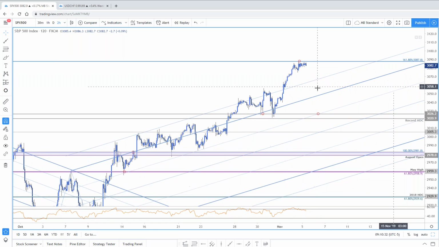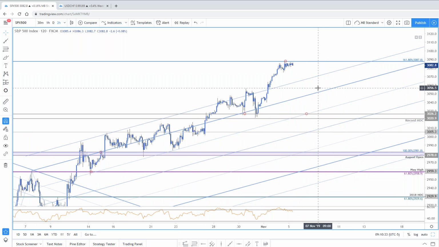An outside reversal, a reversal candle in general, a reversal formation, a consolidation, a near-term contraction break, a false break here in 3087 and a close back below today, that for me would be exhaustion.